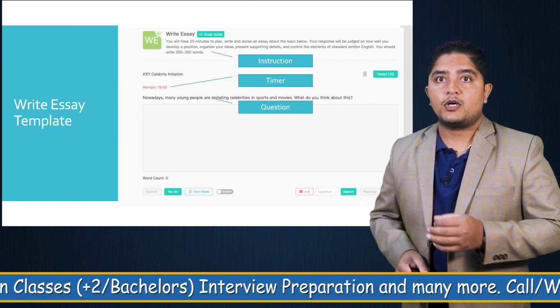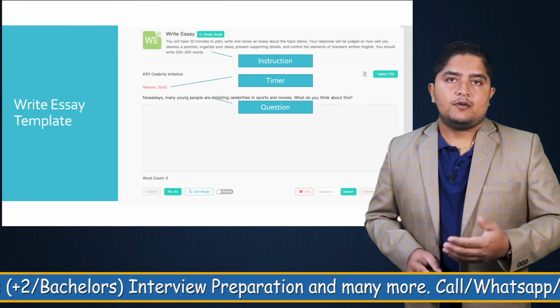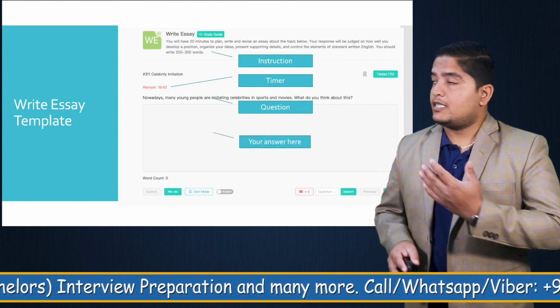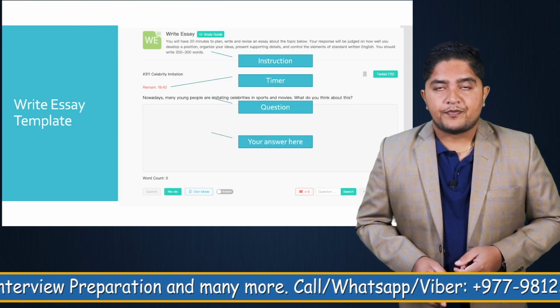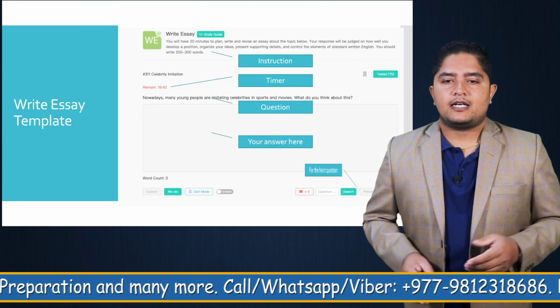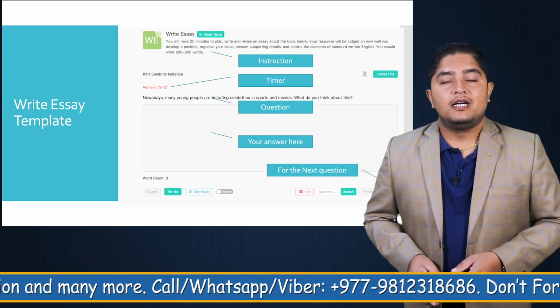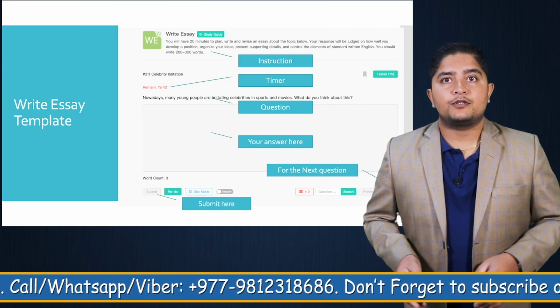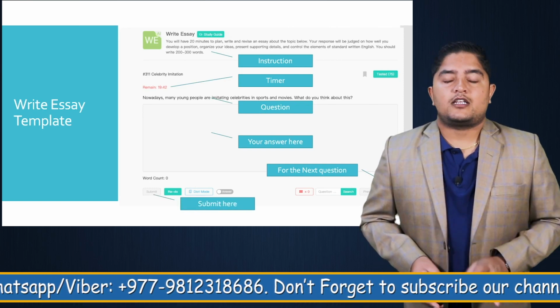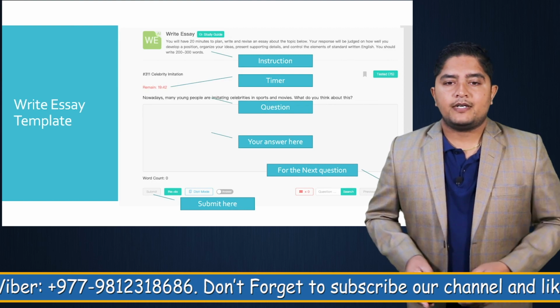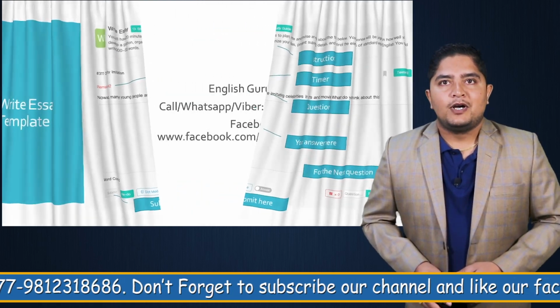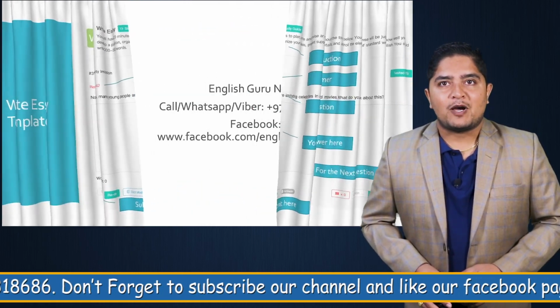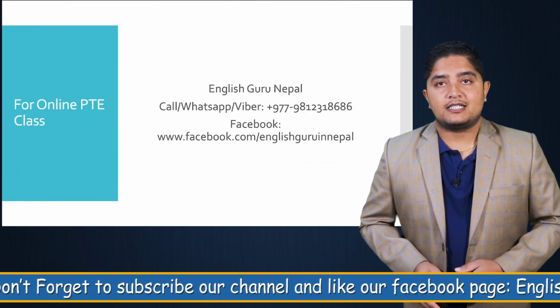It's quite small for me to read right now, but you can read it aloud. After that you have to write your essay here. If you need to go to the next question, there is a next button. If you need to submit your answer, there is a submit answer option. And this is how we go through our writing examination under the PTE examination.